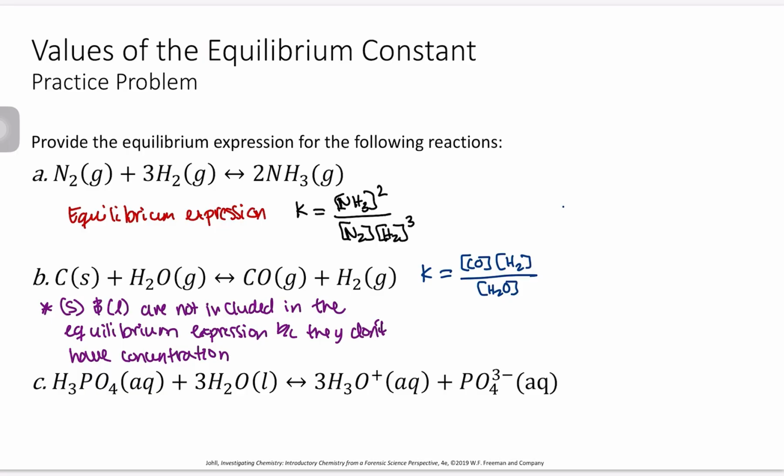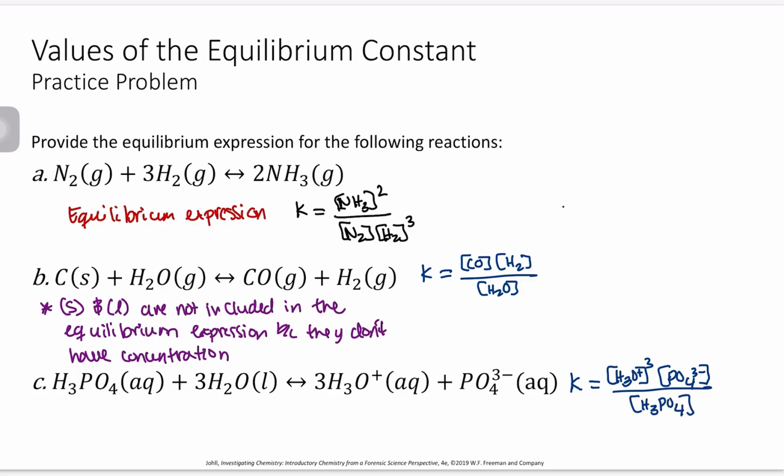So in this next example, I have another heterogeneous equilibrium because the states are not all the same. When I write my equilibrium expression, I cannot include any solids or liquids. So in this case, I'm going to have the concentration of hydronium ion cubed times the concentration of phosphate divided by the concentration of phosphorus.